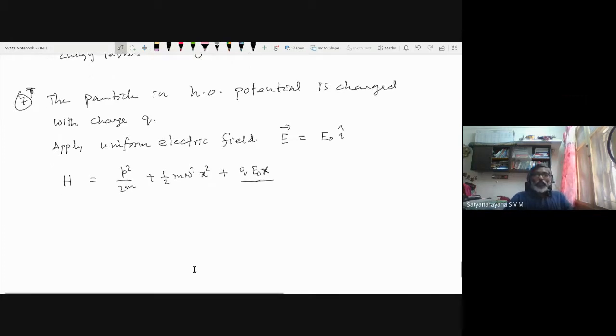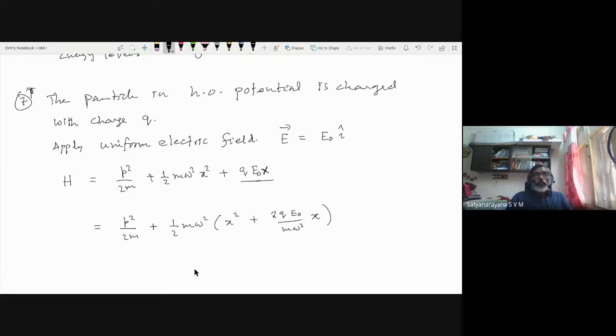Now, if you do quantum mechanics of this system, then what happens? I can write down this Hamiltonian in the following fashion. I have to ultimately solve H psi equal to E psi. So I will write this as half m omega square into x square plus, having pulled out, 2qE0 divided by m omega square into x.